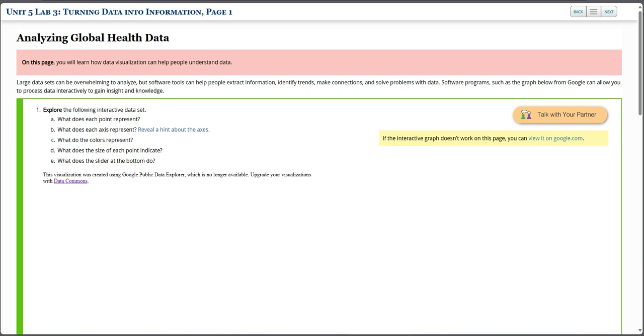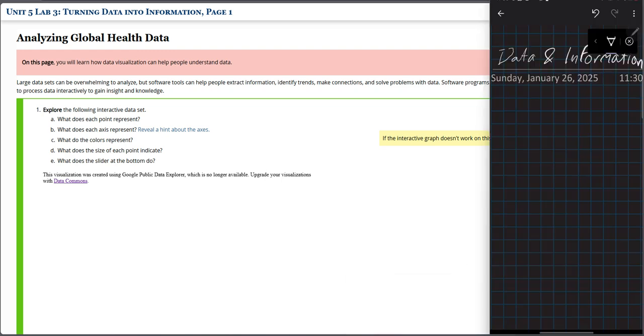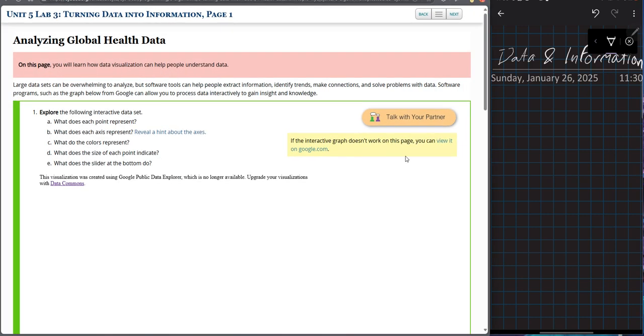Whatever I write, I would encourage you to write it as well. So data and information. So large data sets.